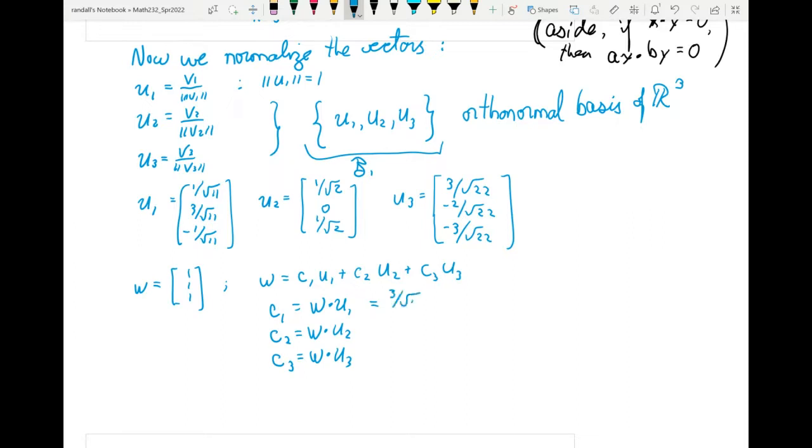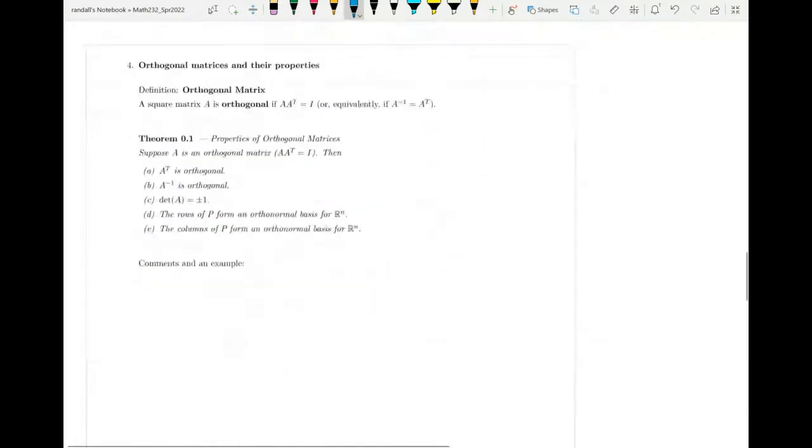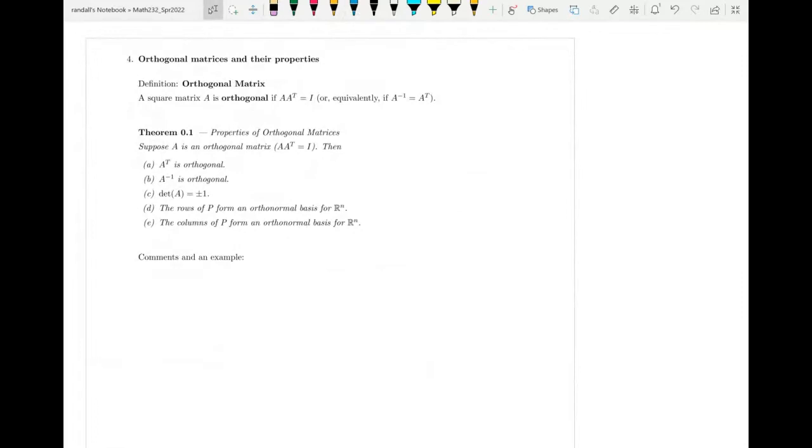That's 3 over root 11, so w dotted with u1. So when I take the dot product with this w, I'm just adding up the components of the ui. So I'll get 2 over root 2 here, which is root 2. And then for c3, I'll get 3 minus 5, so minus 2 over root 22. Okay, so it's fairly easy to get the coordinates of vectors in an orthonormal basis, and almost as easy in an orthogonal basis.